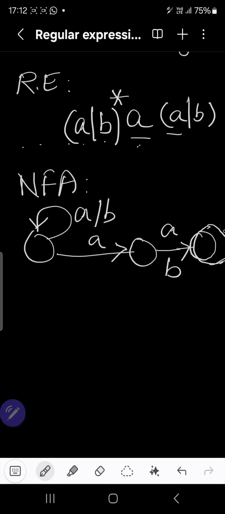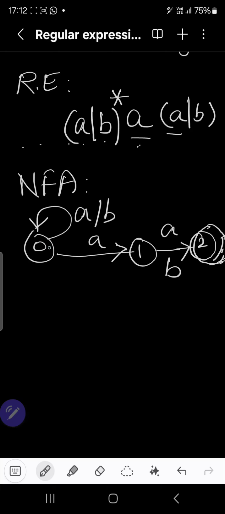Since this is a final state, we can represent it using a double circle. We can give numbers for the states 0, 1, 2. So here also in this NFA, if we see, it is non-deterministic. From state 0, on input A, it is going to state 0.